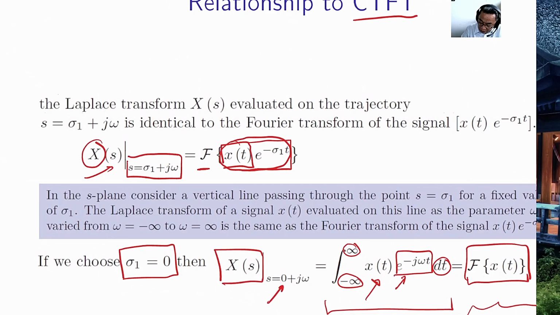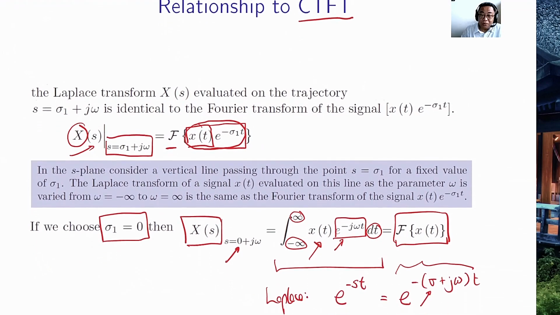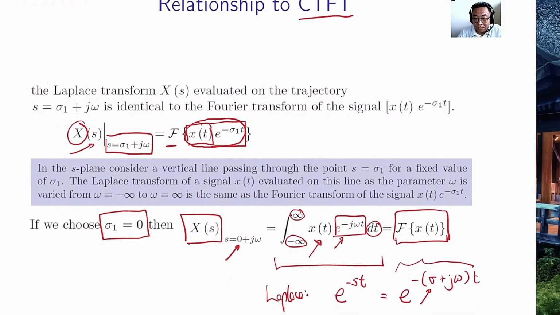So we can look at it two ways. One is that the Fourier transform is the Laplace transform evaluated with sigma equal to 0. The other way is that we multiply the signal x(t) by e to the minus sigma 1 t, with whatever sigma 1 we are interested in, and then take the Fourier transform of it, and this is equal to the Laplace transform with s equal to this variable.